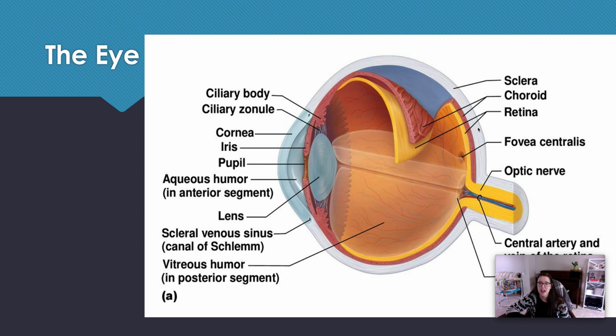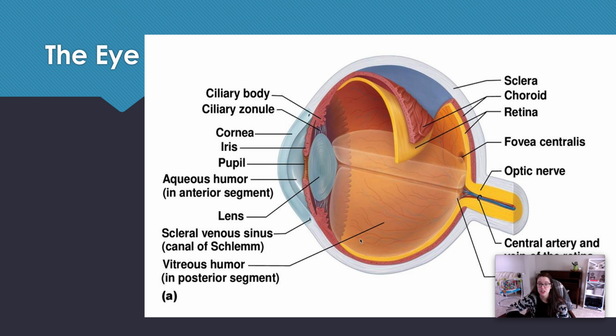And then we have that choroid layer, which is very dark. It prevents the scattering of light. And then we have the retina, which is where our visual neurons are going to be and our visual receptors. The other thing that might have been very noticeable in the dissection is when he cut into it, the liquid was actually pretty gel-like. And that's really what the vitreous humor is like.